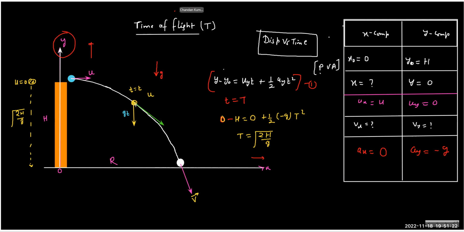So basically, this was your u, and this was the gt, and this is your v vector, which makes some angle with the horizontal also. We call this angle alpha, or theta, you can say. So what is the value of tan alpha here?